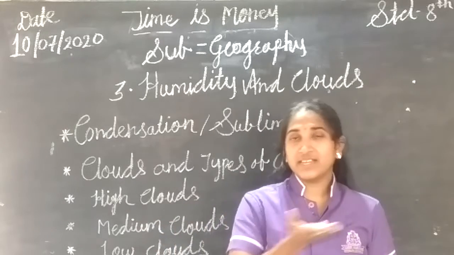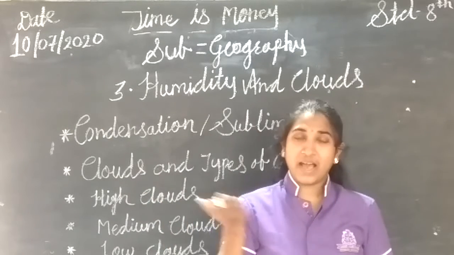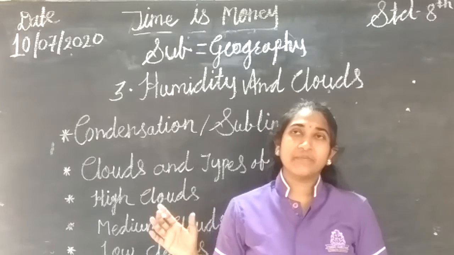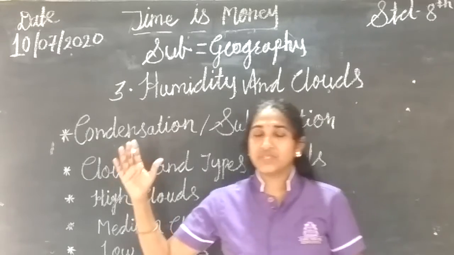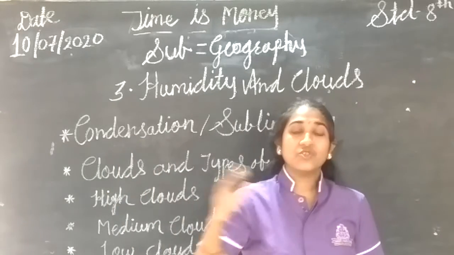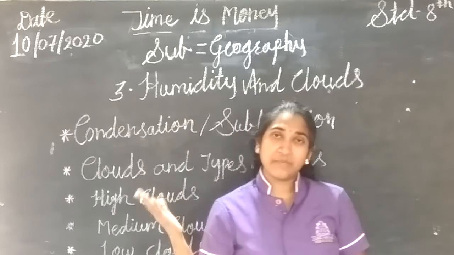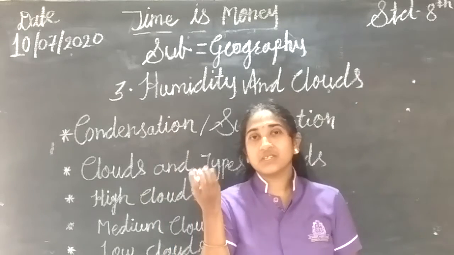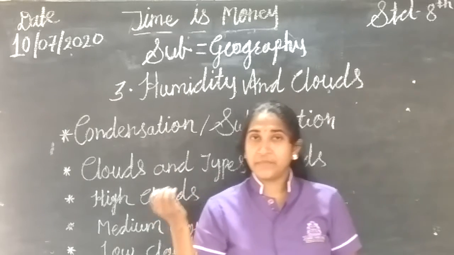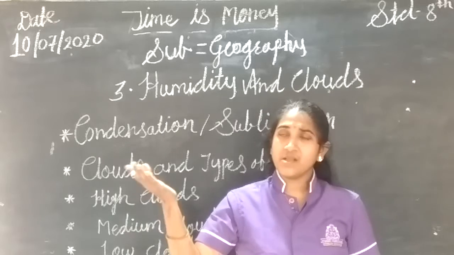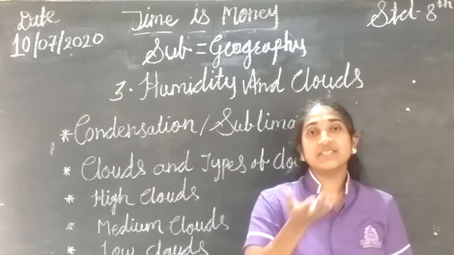So the clouds easily float at a high level. Many times if you observe clouds, we can see them floating. Why can they float? Because their particles are fine and their weight is less.